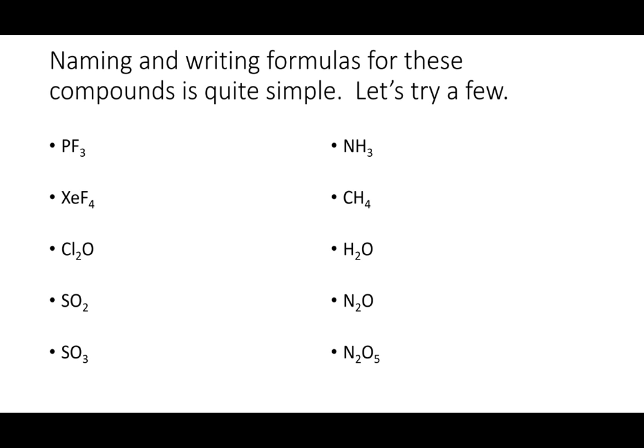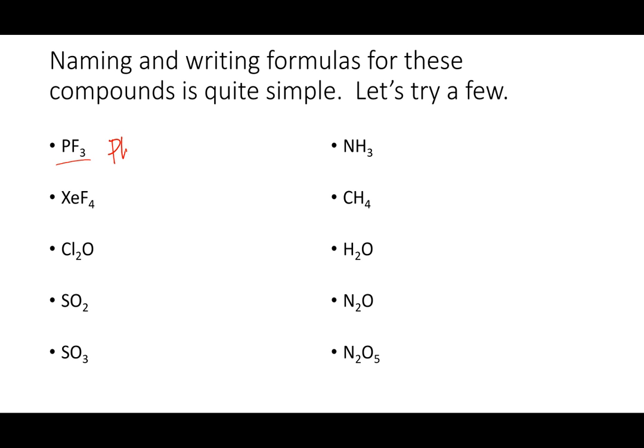So naming and writing formulas with these compounds is quite simple. Let's go ahead and try a few. So let's start with this one right here. PF3, what is the name of that? All you have to do here is simply write, if there is an element that exists by itself as one, you simply write the name.